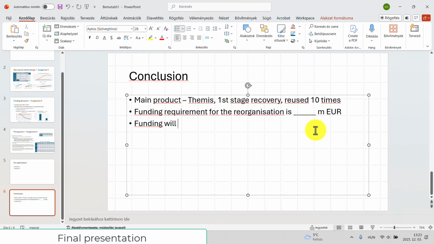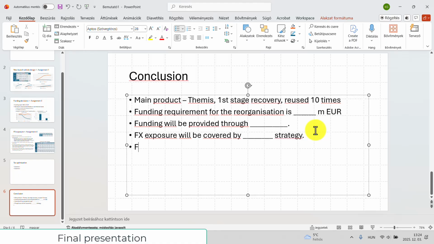Funding will be provided through bond issuance, equity issuance, something, and foreign exchange exposure will be covered by this strategy.